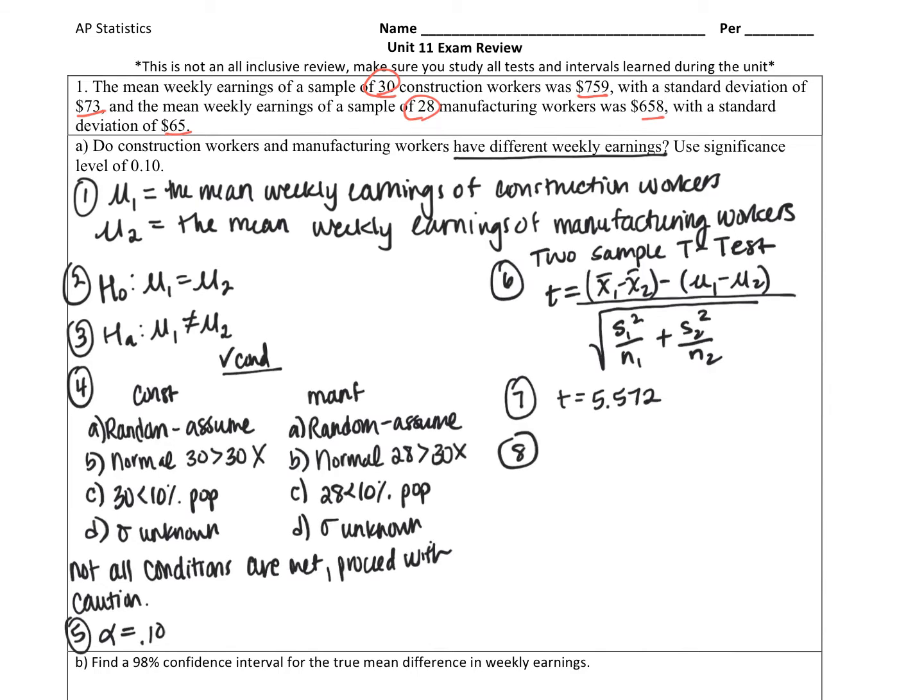Step 8, we read our probability statement. Remember, step 8 and step 3 need to match. Since this is a positive z-score, we're going to use a greater than symbol here. So it's 2 times the probability that t is greater than 5.572. And the p-value you should have gotten is 7.500 times 10 to the negative 7th, which is approximately 0.